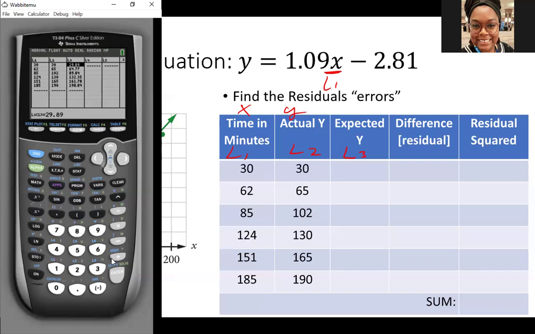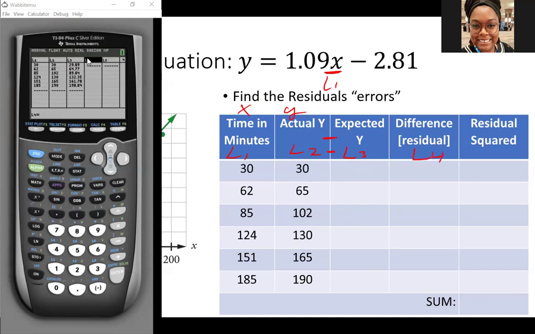Okay, still with me? Okay, next is our L4. Your L4 is your residual. It's your difference. Your difference is when we subtract our actual minus our expected y, correct? So in this case, we need to subtract our L2 minus our L3, and that's going to help us create our L4.